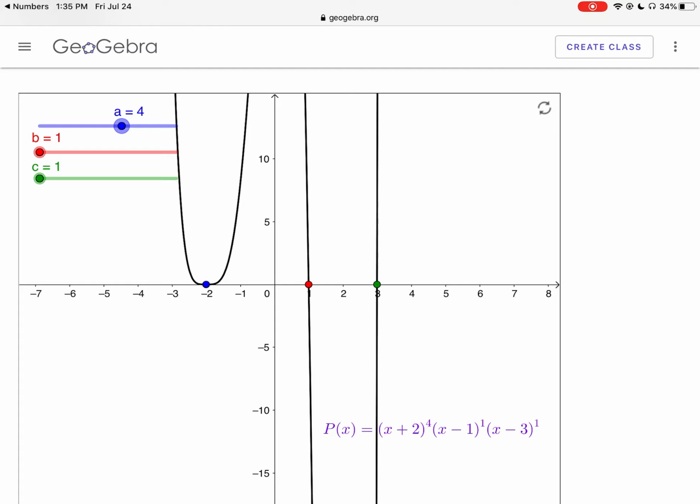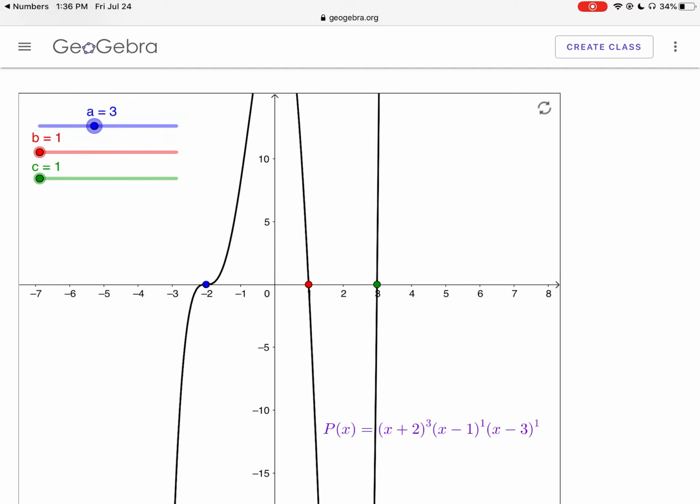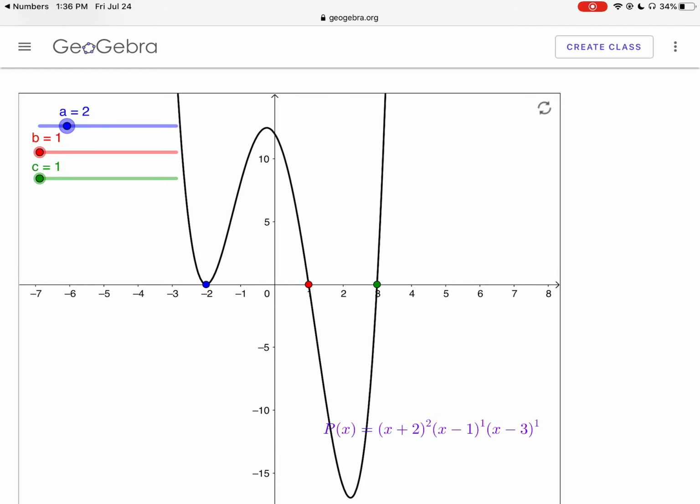Let's increase the multiplicity to 4. Now we're back to touching and turning right back around at x = -2. But notice we're a little bit flatter at x = -2 versus back when the multiplicity was 2. We're not quite as flat.